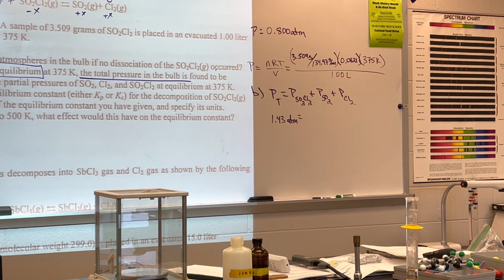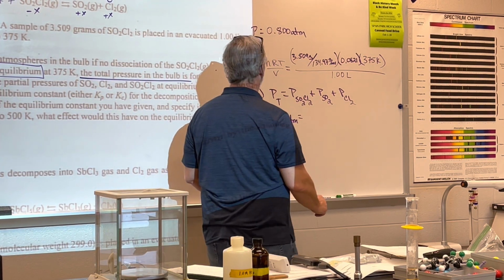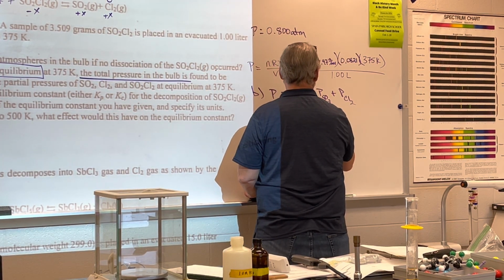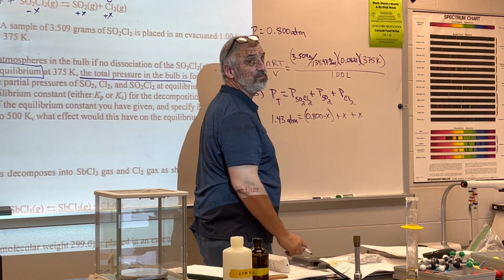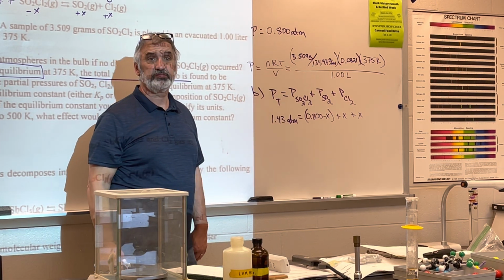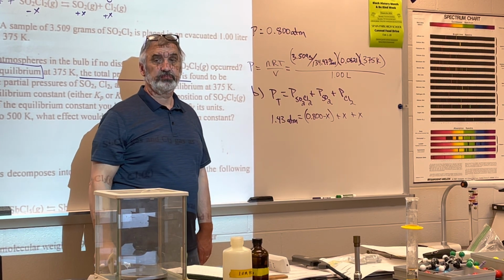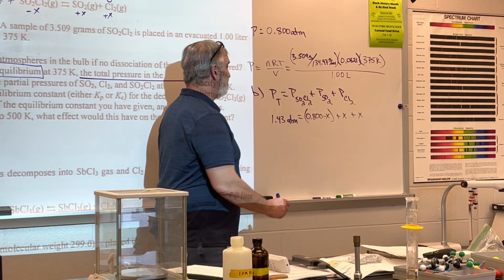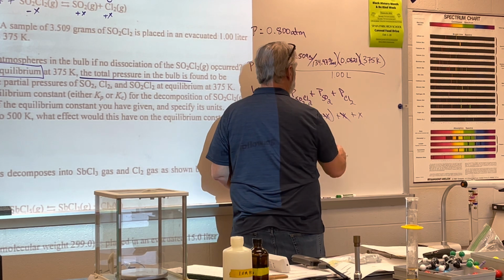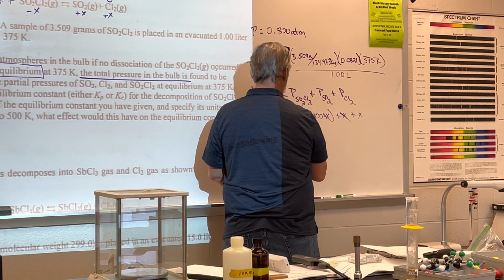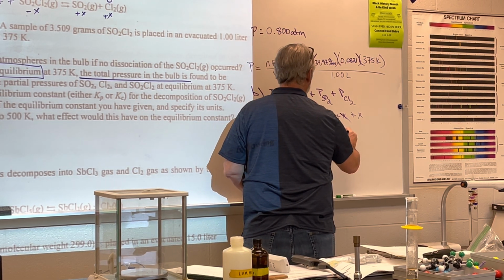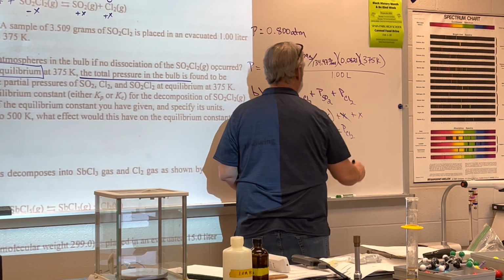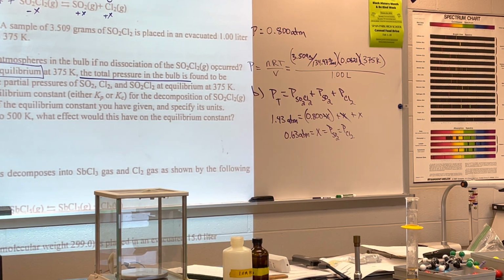So then the total pressure is going to be 0.8 minus X plus X plus X. Notice one of the X's will cancel. So X is going to equal 0.63 atmospheres, which is equal to the pressure of the SO2, which is equal to the pressure of the Cl2 at equilibrium.